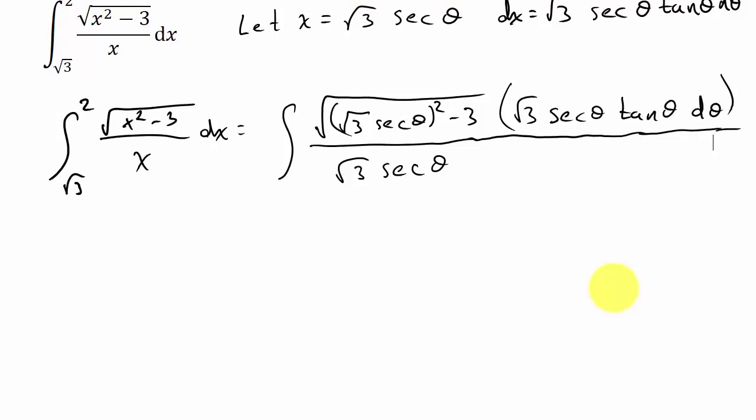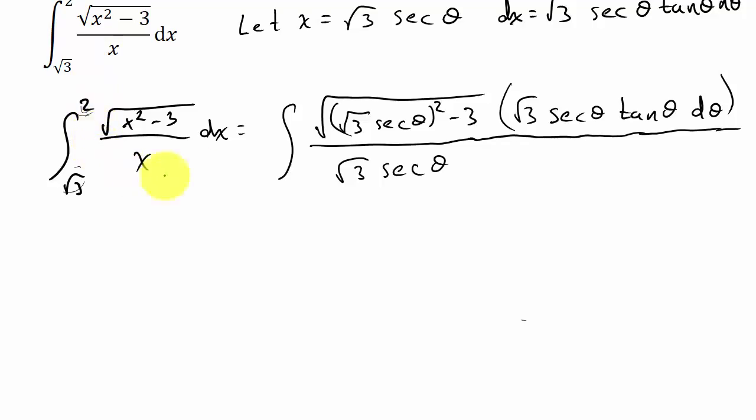Now if you've watched my other videos, you notice that after we simplified all this and integrated it, we got an answer in terms of a trig function, and then we had to draw our triangle and get everything back in terms of x. Well, here we have limits on our integral, so we really don't need to put everything back in terms of x as long as we rewrite our limits.